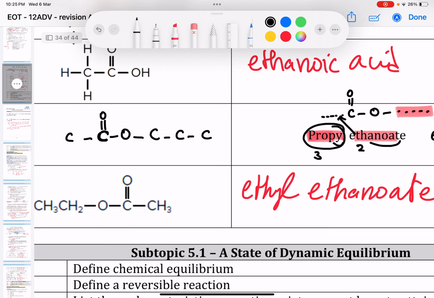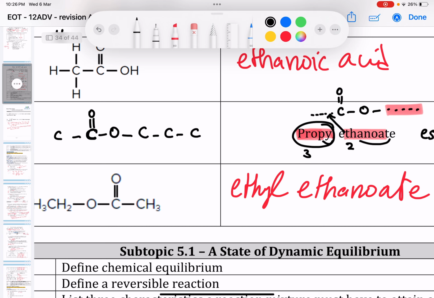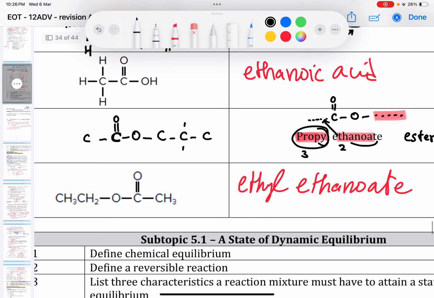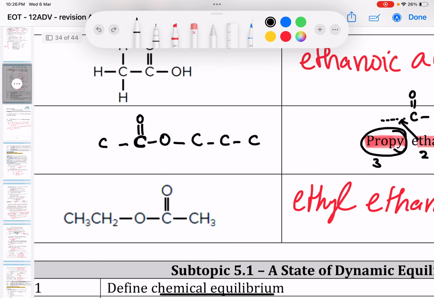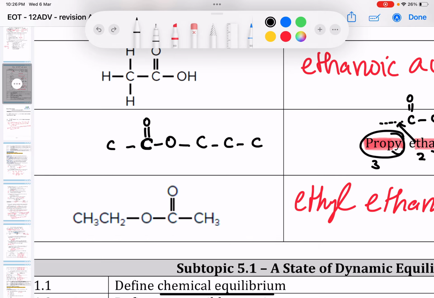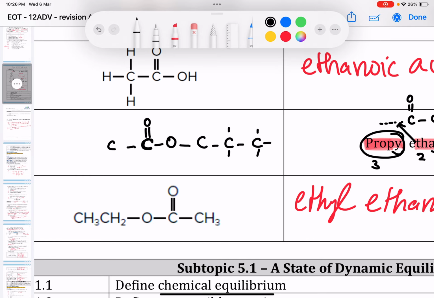And we're done. We didn't study branches on the propyl, on the esters. So no branches here or there. Okay, now I'm done with the skeleton structure. Now I have to fill it with hydrogens. And we are done.